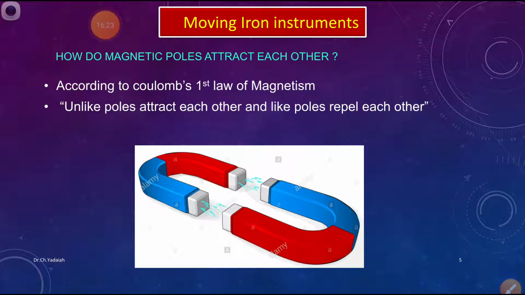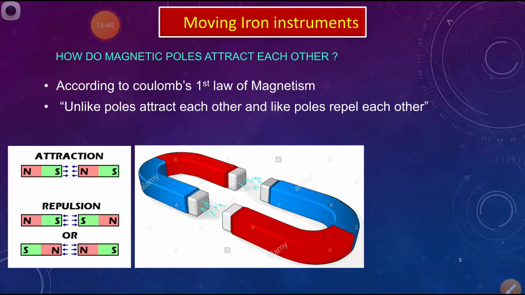That principle we are going to use in repulsion type moving iron instruments. These basic principles we are going to apply in our moving iron instruments. Okay, let us see.